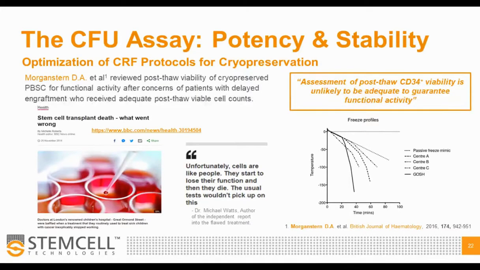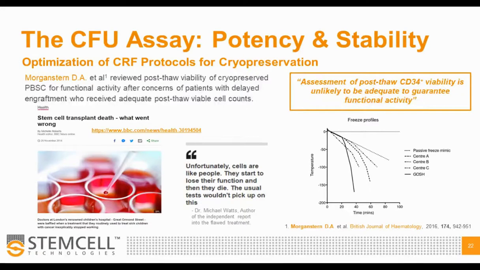And he recognized, and you can see that in the diagram here, based on freezer profiles, that if he took cells and froze them at different centers by passive freezing methods, compared to the freezer program they were using at the Gosh Hospital, where these patient cells had been collected and stored, there was definitely a difference in the freezer program profiles.